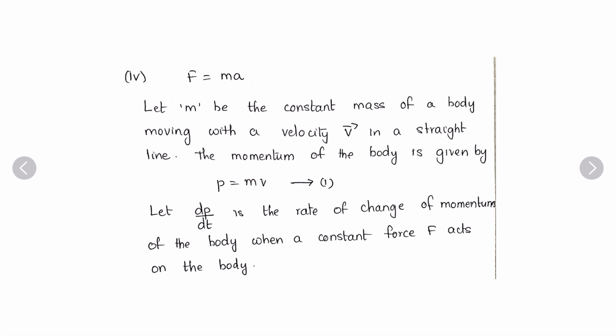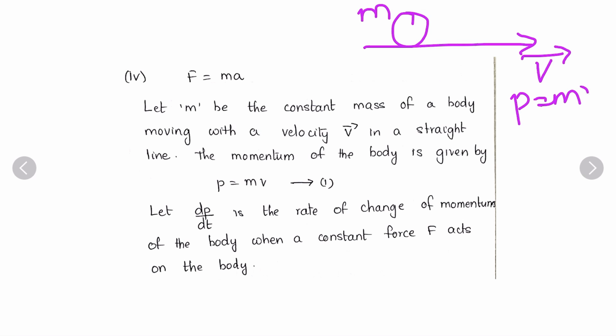So let us consider there is a body whose mass is m, and it is moving in some particular direction with the velocity v. Then the momentum, we all know, is m into v. Let it be equation number 1. Then as per the second law of Newton, the rate of change of momentum is dp by dt, where p is momentum.